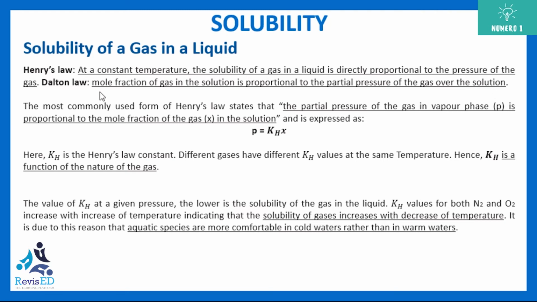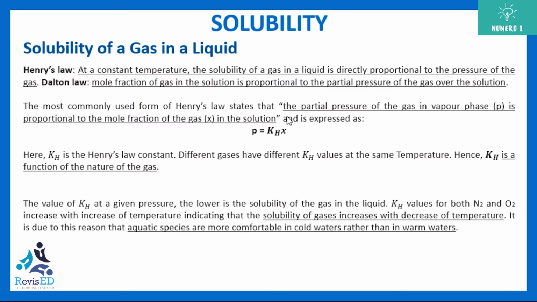Again, we are talking about the mole fraction inside the solution, which is proportional to the partial pressure of the gas over the solution. That means we are talking about the gaseous phase. So both of these laws talk about one in the liquid phase and the other in the gaseous phase.